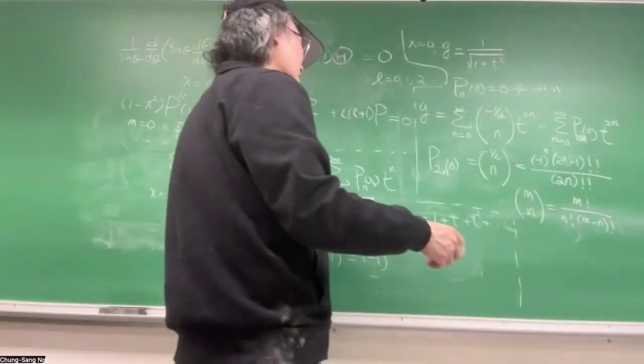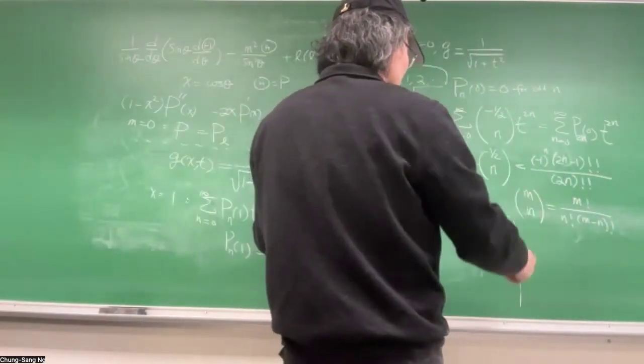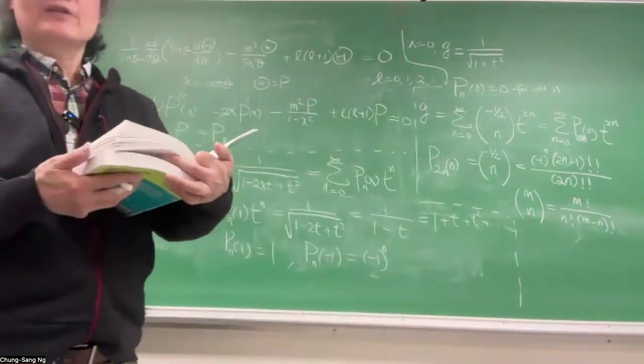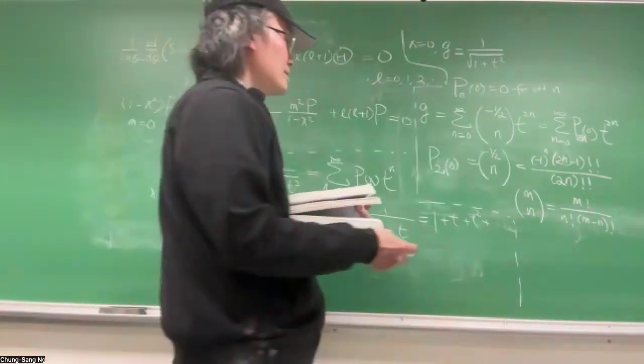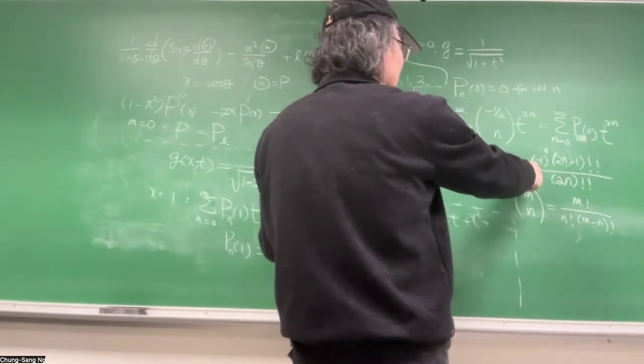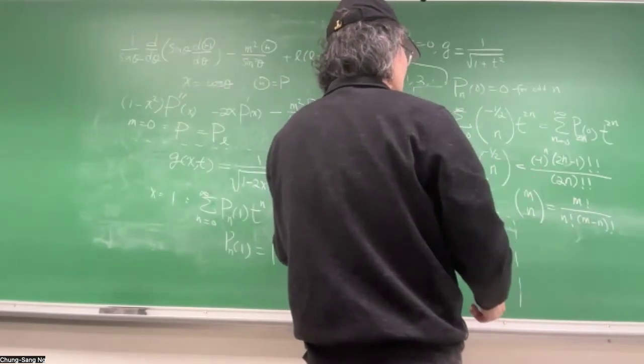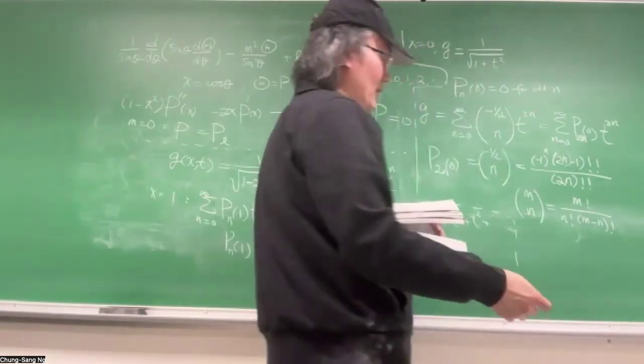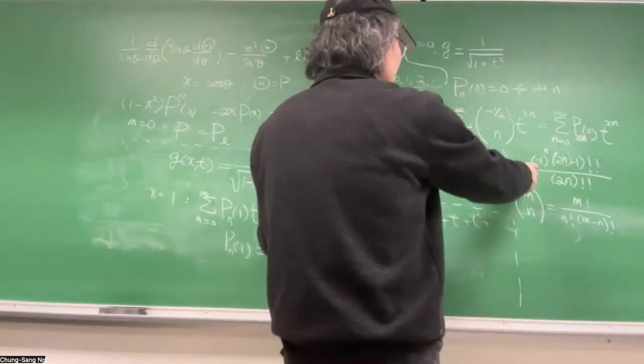For fractional m, one way to write it is using the gamma function. But the gamma function can also be converted to this form for this half-integer case. If you consider the properties of the gamma function, you can do it all.